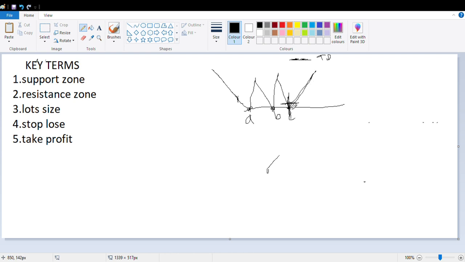But unfortunately for you, it didn't go up, it reversed, so you are going to lose. You have to set a stop loss so that if the market reaches here, you are okay with the loss, and the market should stop.